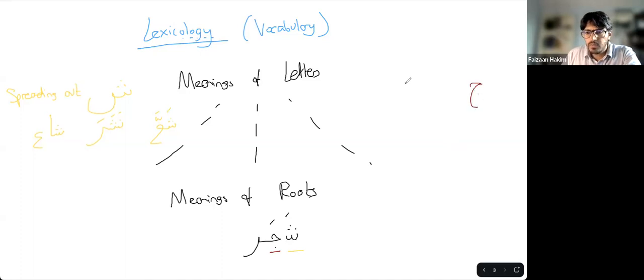One meaning of the jim, let's go with this. Jim has a meaning of bodiness, essentially, of dimensions. Like you have jism. A jism is a body. In fact, another word is jasad. You have jism, you have jasad, you have jirm. All three are words for bodies.